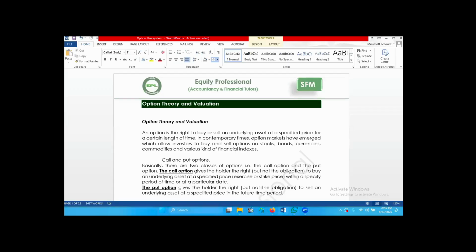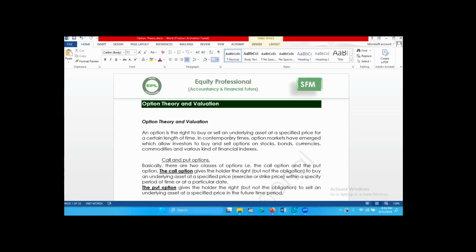The underlying asset could be stock or bond or currencies or commodities or various kinds of financial indexes.